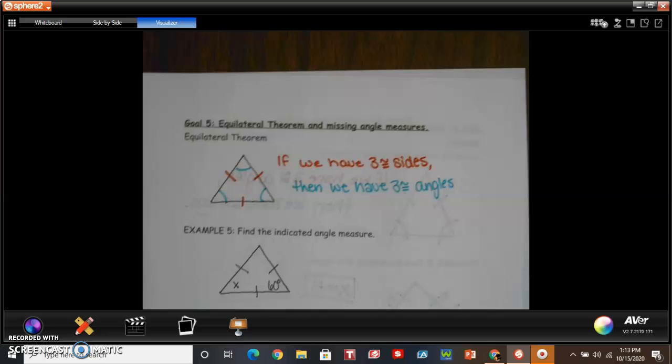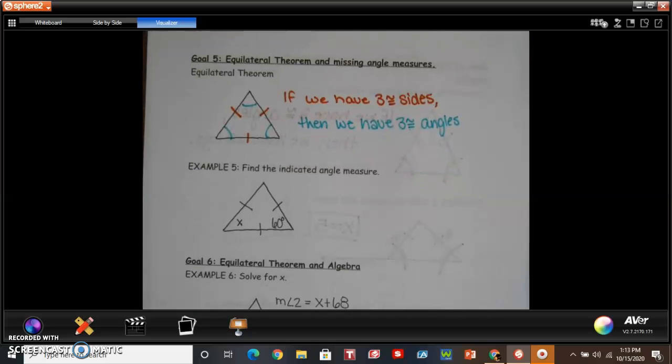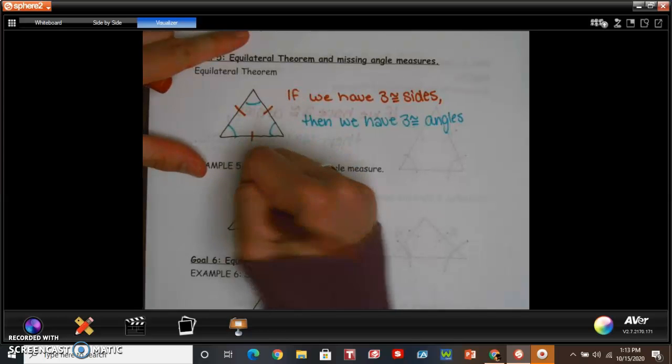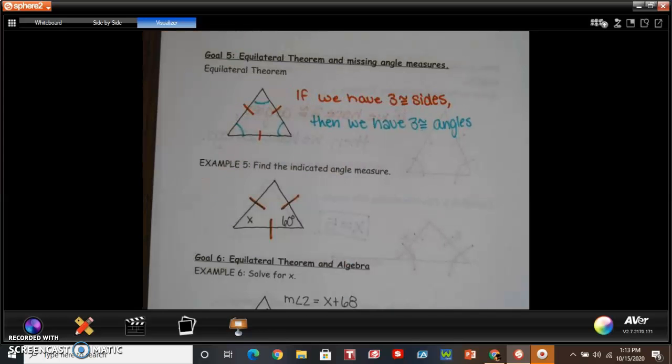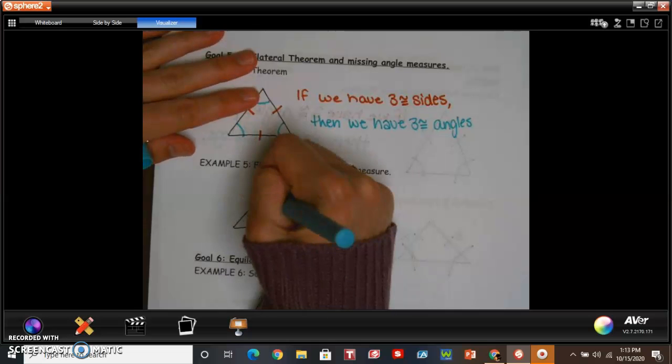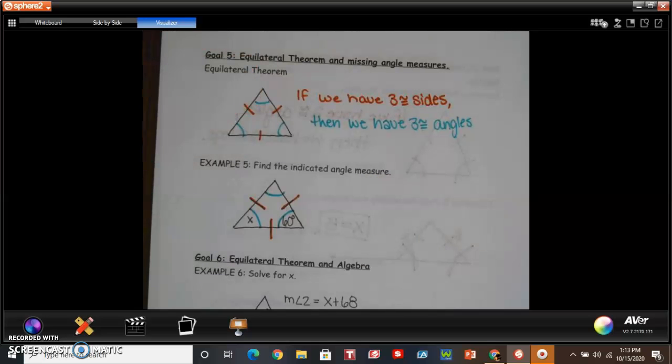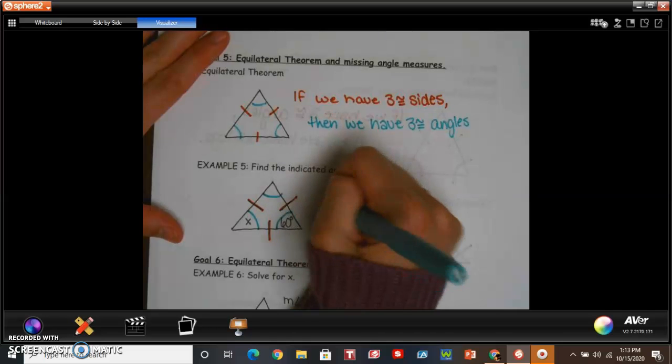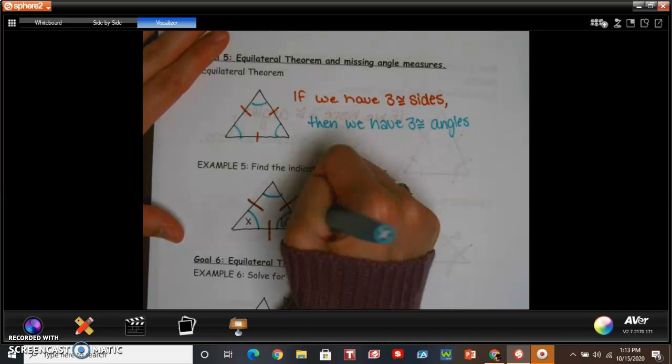So let's talk about that. Let's look at this one right here. Find the indicated angle measure. Well, the first thing I notice, all of our sides are the same. So that also means all of our angles are the same. So how much is x? Why, it's 60.